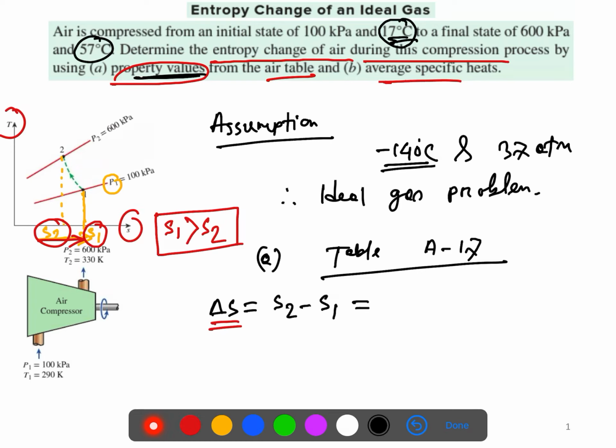It is equal to S2 naught minus S1 naught minus the gas constant R ln P2 over P1. You can ask me we have another equation, so why are you using this one? For the other equation, you will see we have the specific heat Cp, so that we will use when we calculate the second part of this problem.